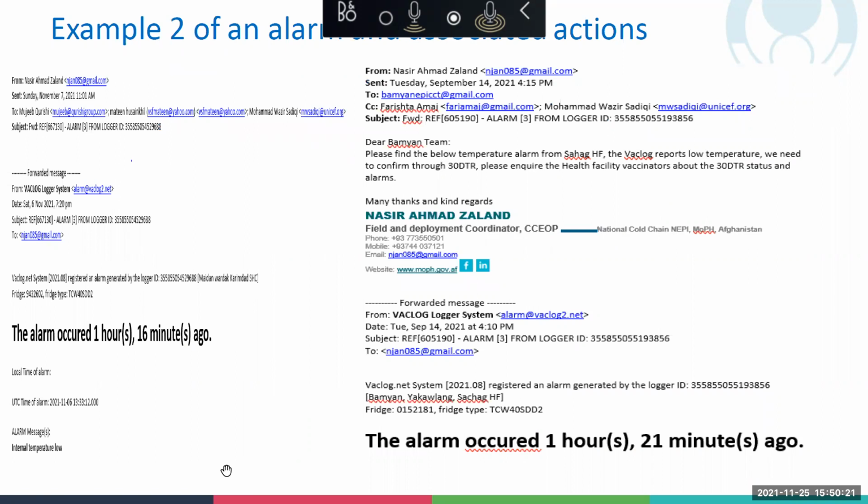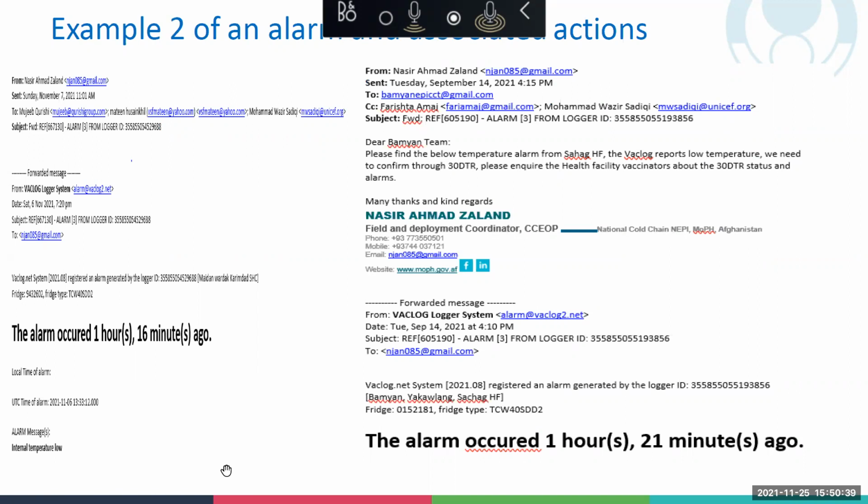So this is another example of an email alert from 2 locations showing internal low temperature. The one on the left-hand side is from a Kirimdad Health Facility in Maidan region, and the other one is from Bayan region.